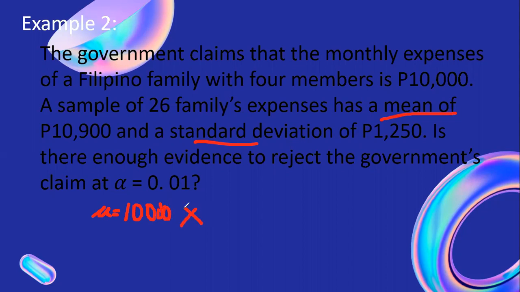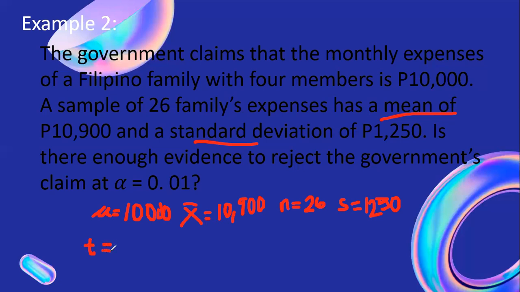Then the sample mean is 10,900. Your N, the sample size, is 26. The sample standard deviation is 1,250. So obviously, since the sample standard deviation is given, then we need to use the t-test.